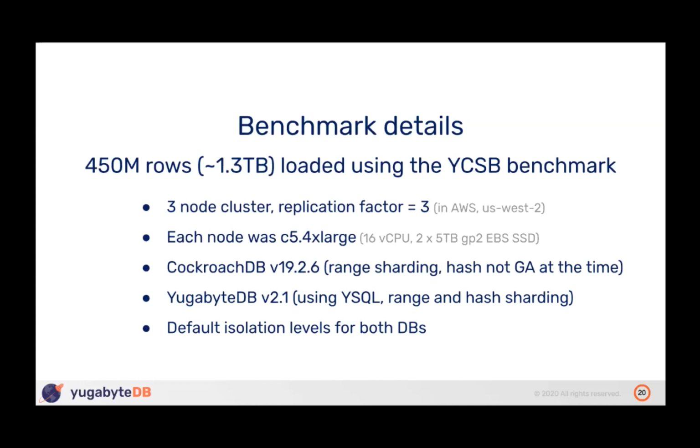But right now we did a pre-split range table and a pre-split hash table for Yugabyte. We use the default isolation levels for both databases. That means Yugabyte supports snapshot and serializable isolation levels with snapshot as the default, so we're trying to keep the default isolation level very similar to what PostgreSQL does. CockroachDB only supports serializable, and hence that would be the default.